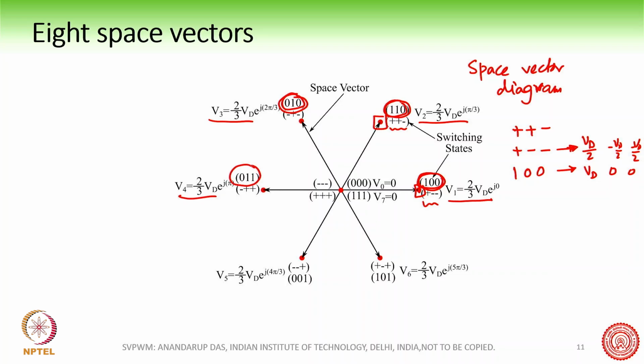So with these switching combinations, we say that we now have the 6 active vectors which are shown here, and there are 2 zero vectors at this point, which have 0 0 0 and 1 1 1, and these are the 2 zero vectors, V0 and V7, having zero magnitude.